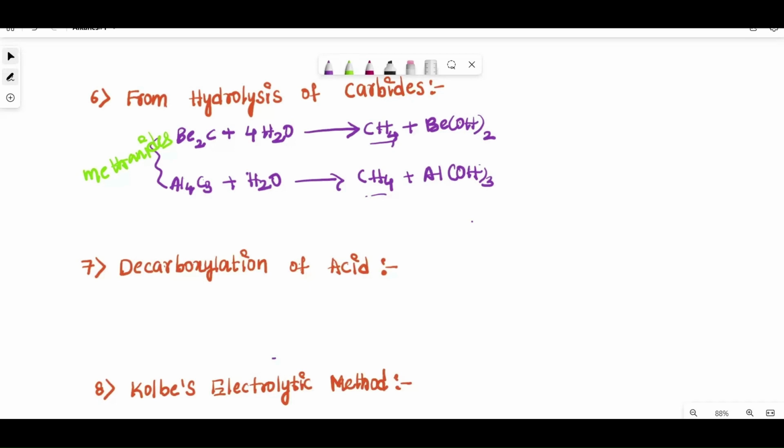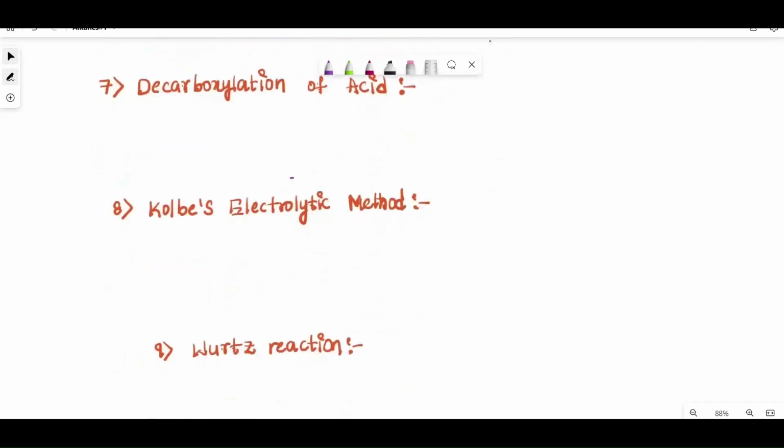Let's see another method. That one is decarboxylation of acid. This one is simple and important. We will use this one very commonly in organic chemistry. Let's see the reagent. The reagent is important in this method. We will use NaOH, CaO in the presence of heat, in order to get the alkane from acid. So let's see an example.